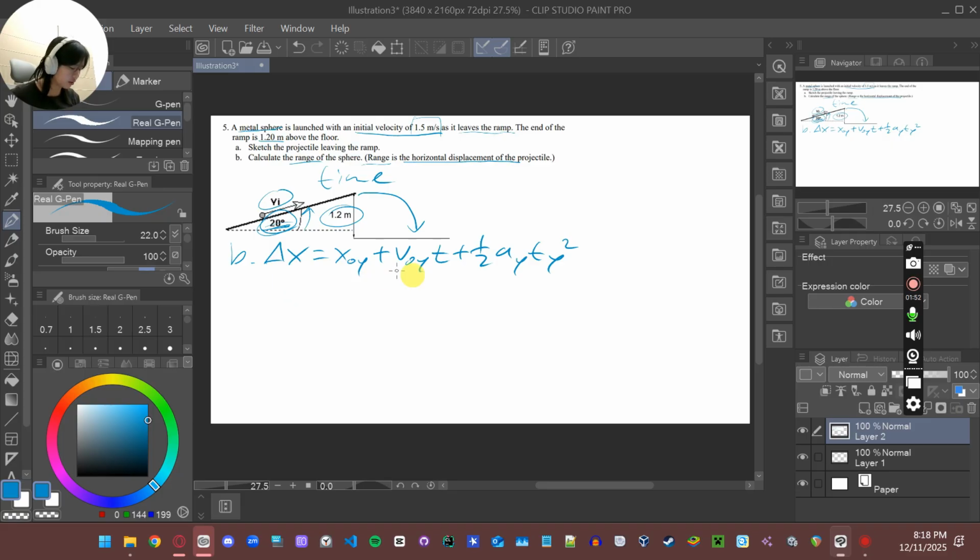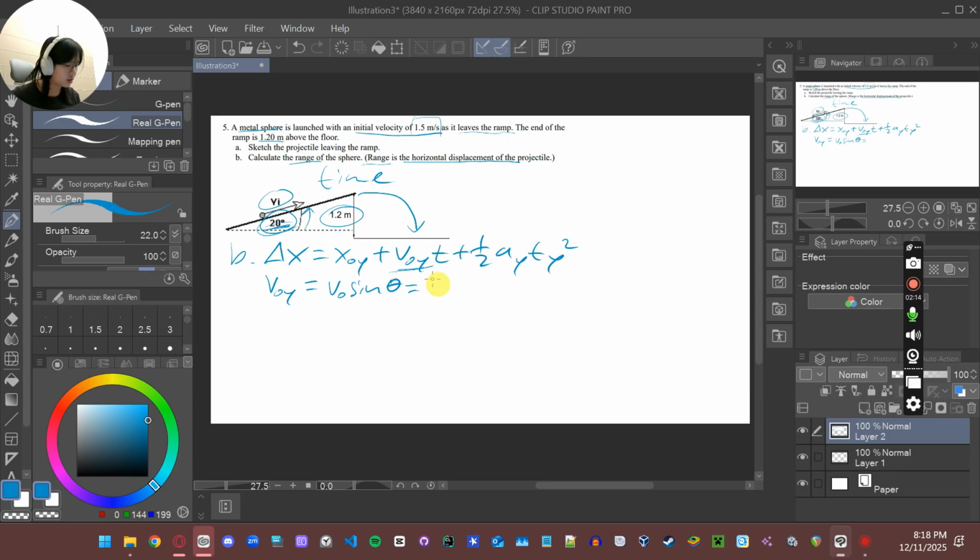Now what you don't have right now, or what you need to calculate, is going to be the velocity. Now to find the vertical component of velocity, you're going to use v equals v initial sine theta.